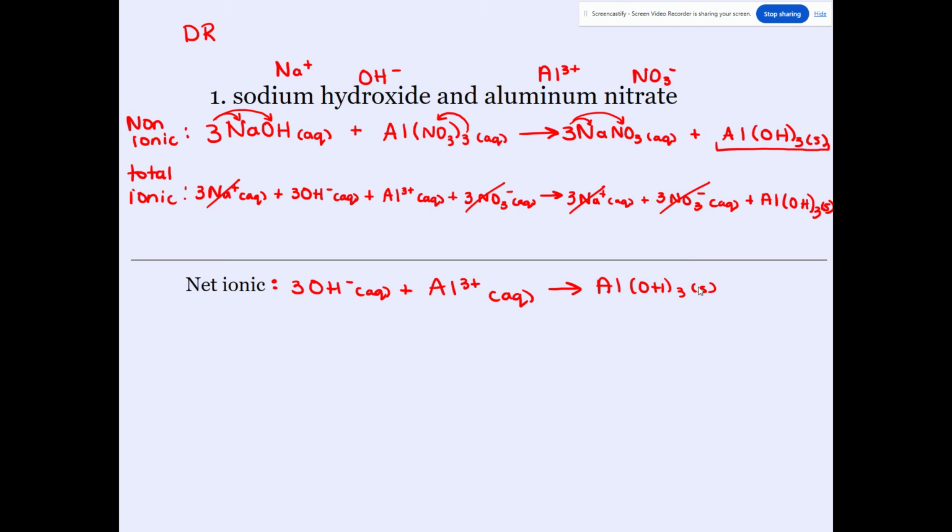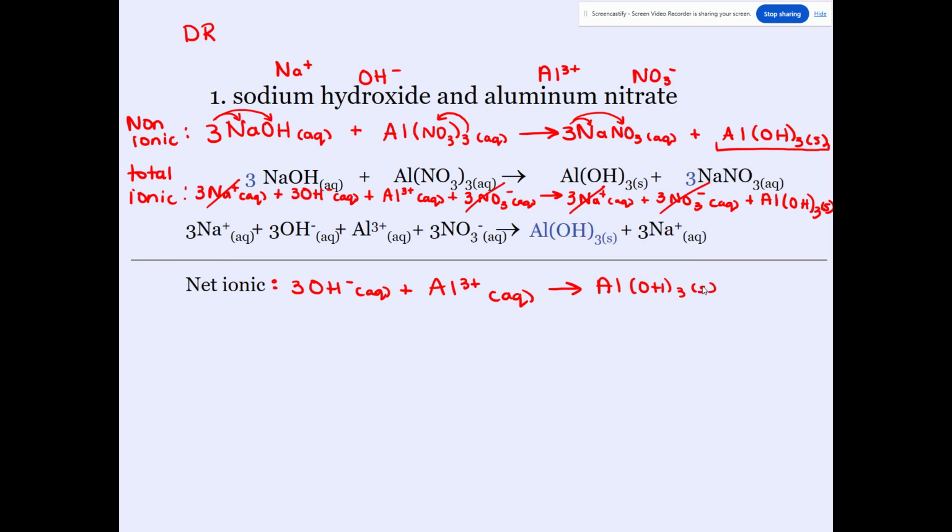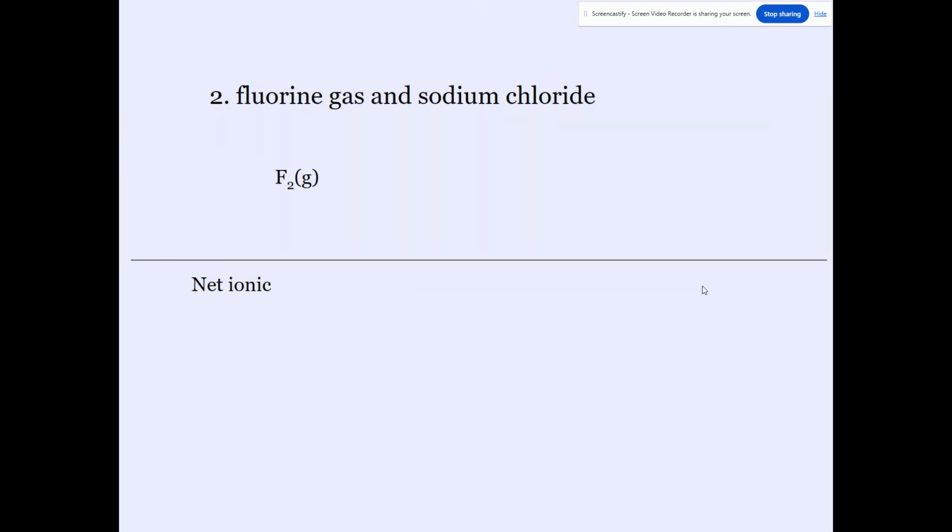Now, the other type of reaction that you can see commonly in these questions is a single replacement reaction. Okay? So we are starting with fluorine gas. Remember, fluorine is one of your diatomic elements. And by the way, this is an element that I'm starting with.